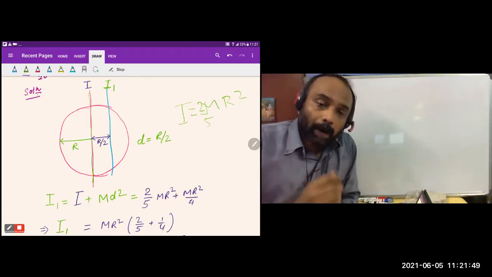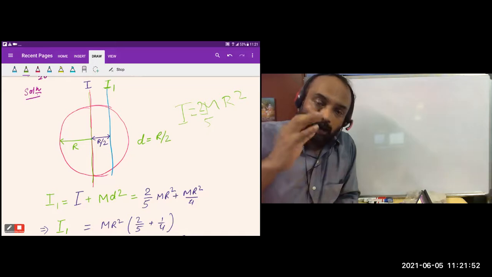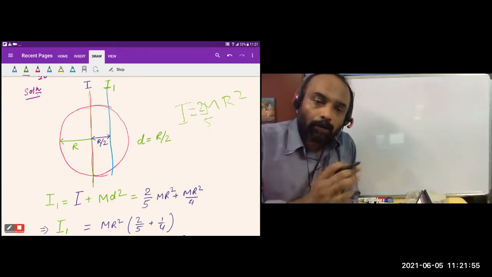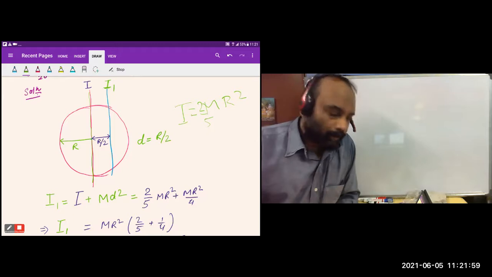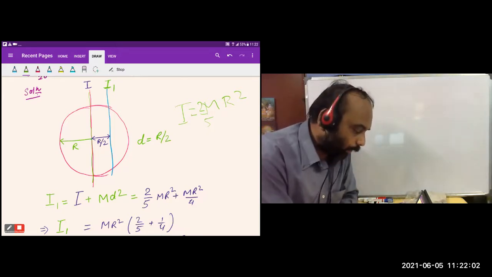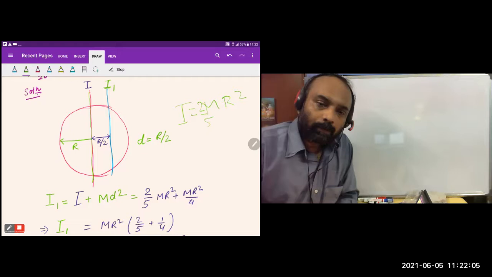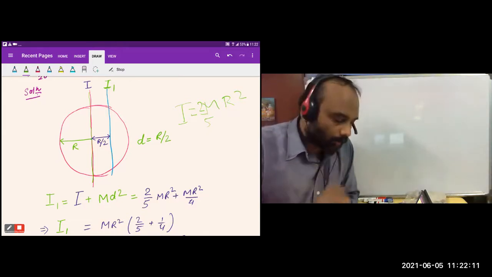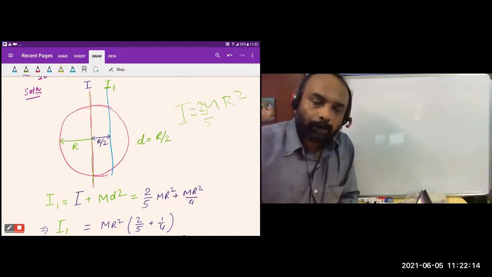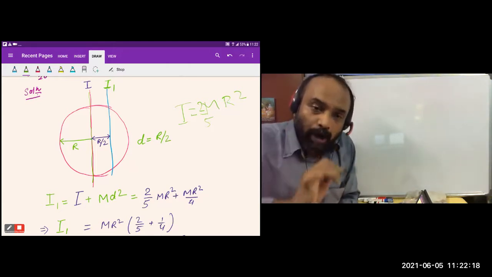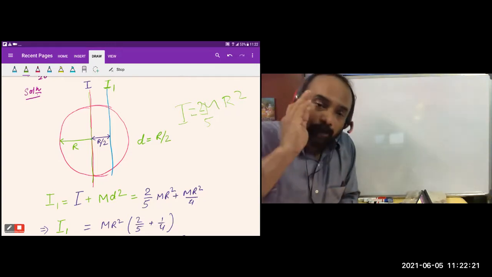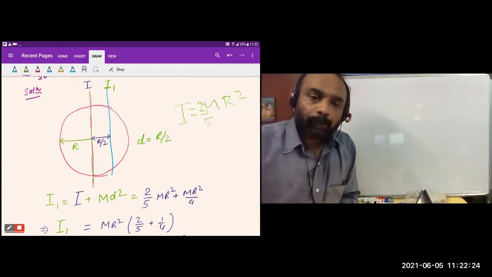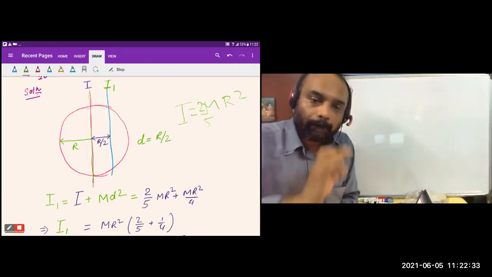According to the parallel axis theorem, the moment of inertia about any other axis is given by the moment of inertia about the axis passing through the origin plus the mass of the sphere times the square of the distance of that axis about which we are going to calculate the moment of inertia of that sphere.